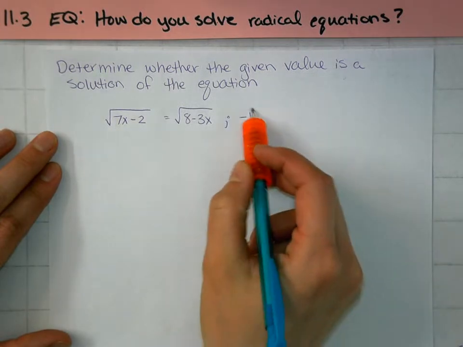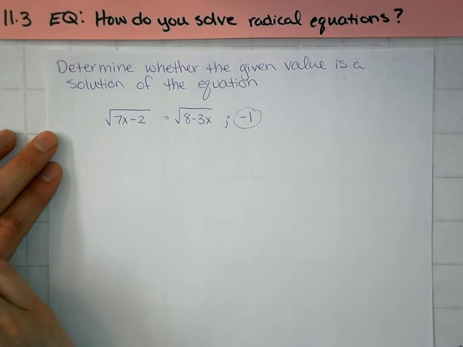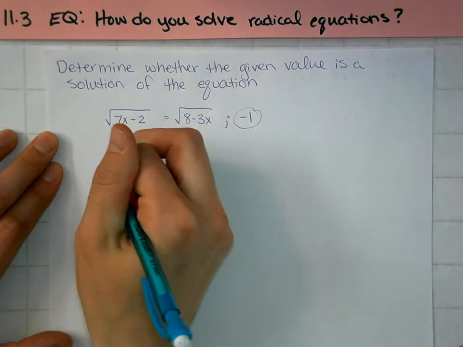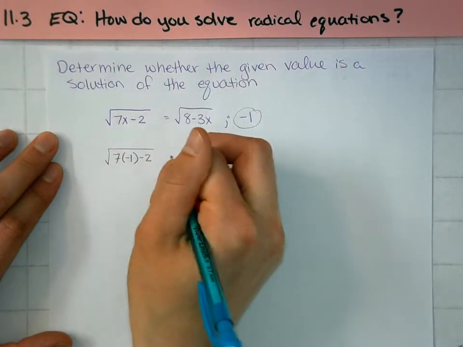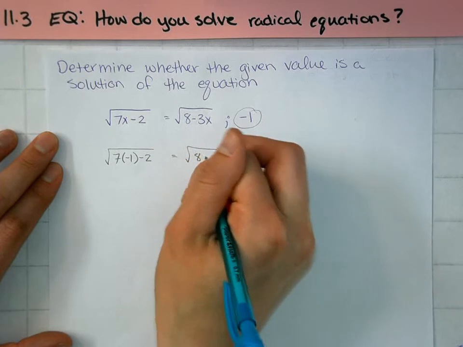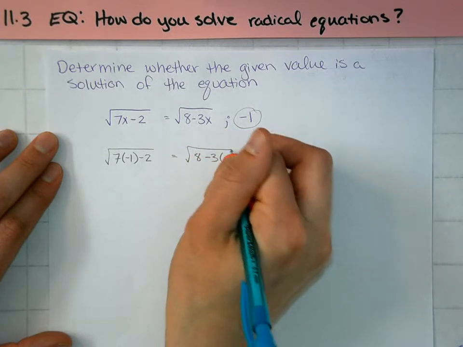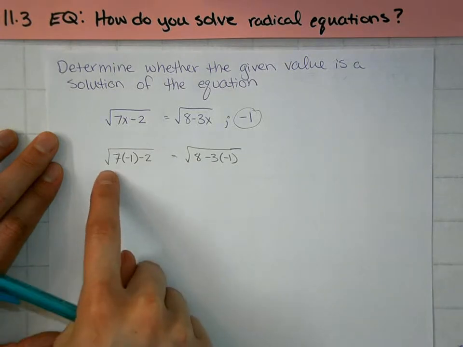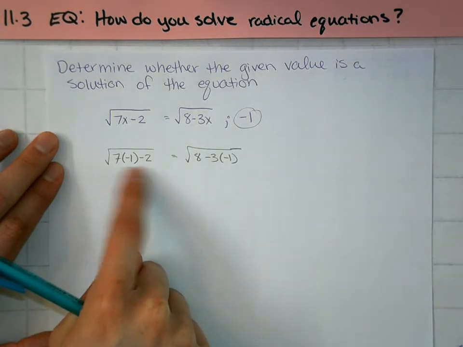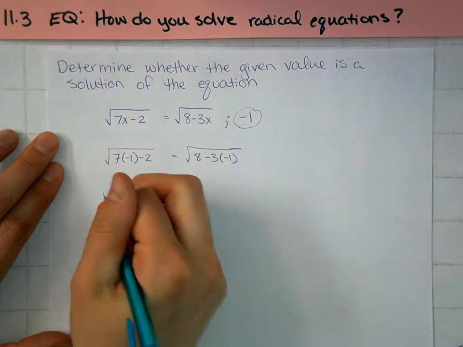In this case, our given value is -1. So what we are asked to do is to plug it in for x to see if it works. Using order of operations, I need to work underneath the radical, first multiplying and then subtracting.